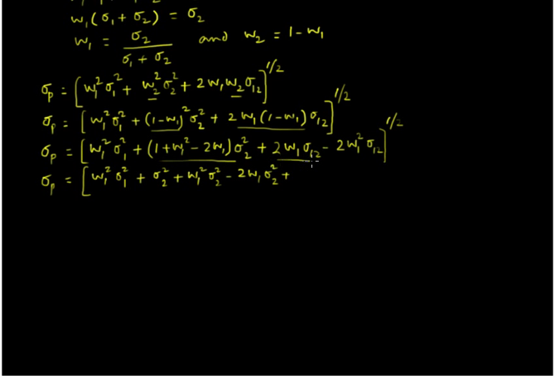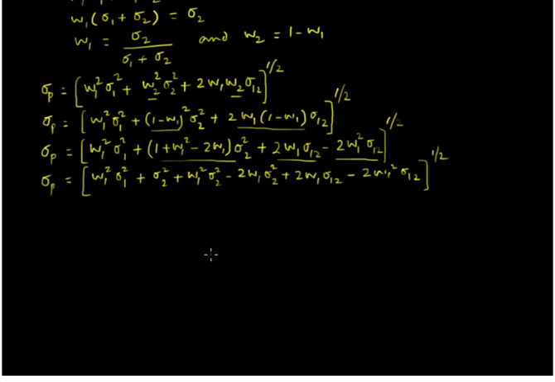Then we have this term 2 W1 covariance 1 2. Then we have this term. Let us raise this to the power of half.